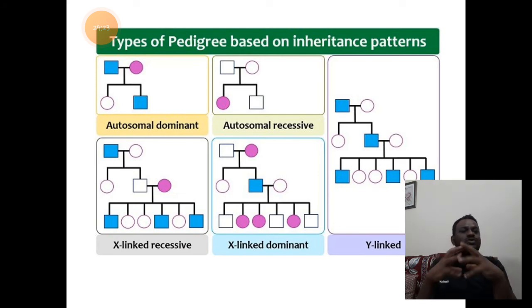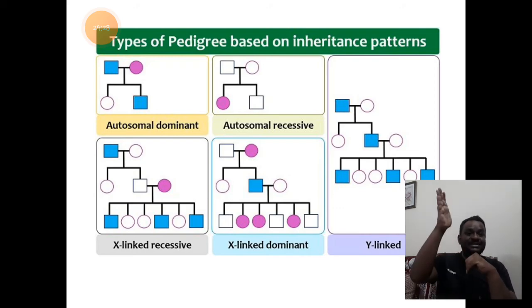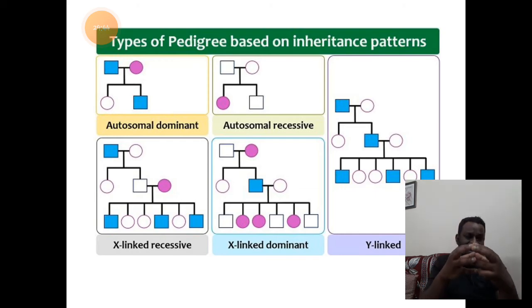In the criss-cross inheritance or X-linked recessive inheritance, in the first generation, the father gets affected. That's what the blue shaded affected males are shown here in first generation. And this male will give birth to the females, where the female is said to carry the affected gene in them, but they will not express that character because of the heterozygous condition.